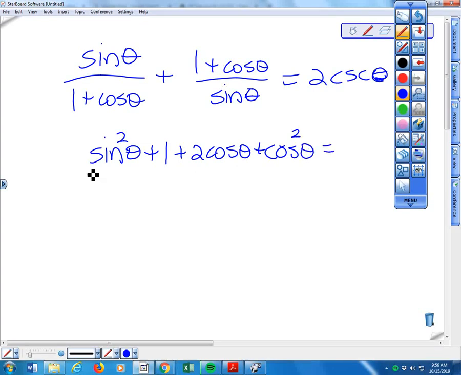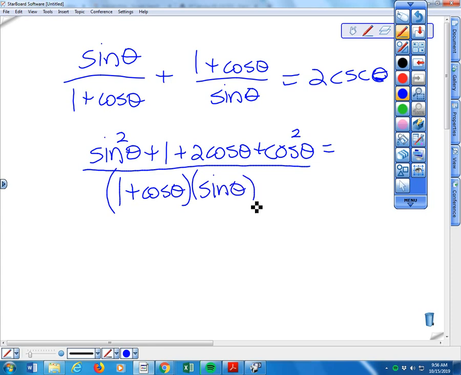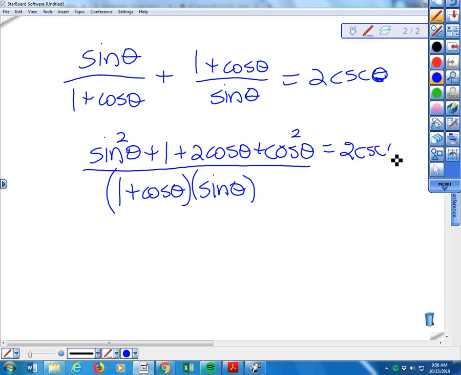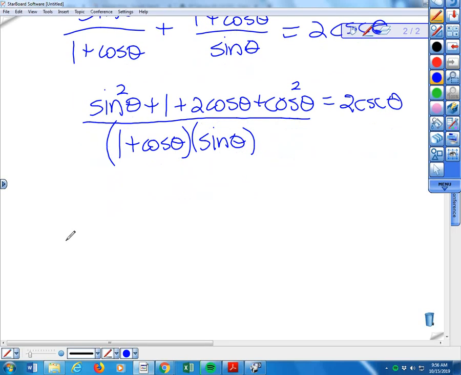And that's all over 1 plus cosine theta times sine theta. With me? You guys see that? 2 cosine theta, my middle term. Remember how you get it? This times 1, or 2. This times 2. Okay. What is sine squared plus cosine squared?